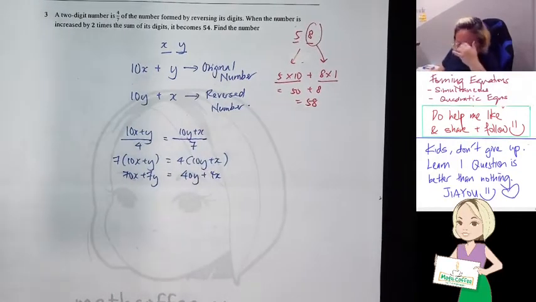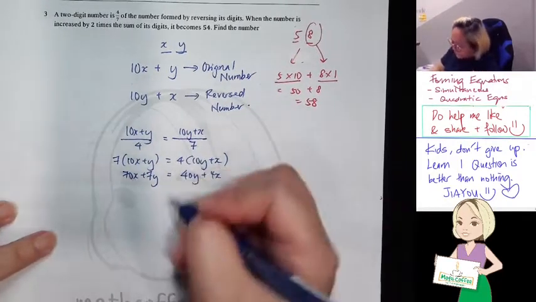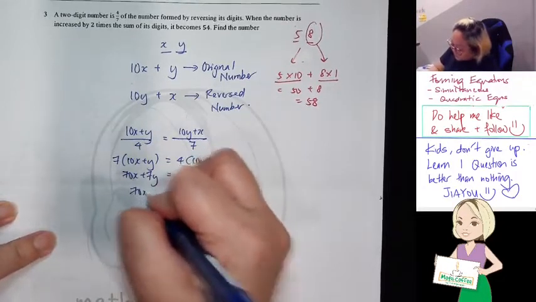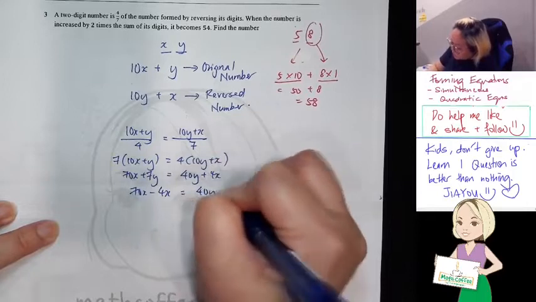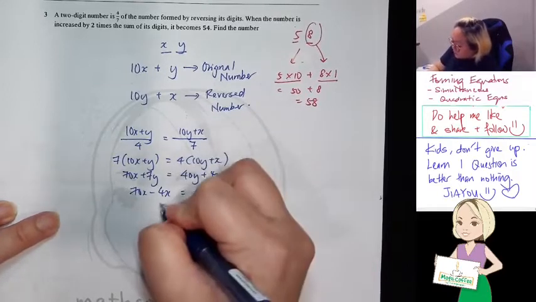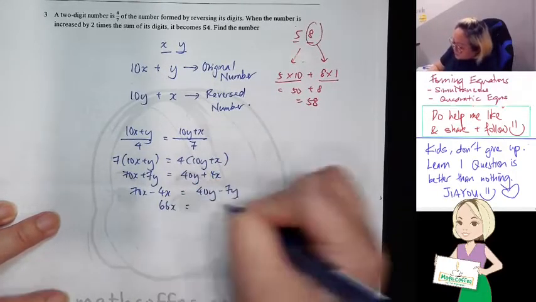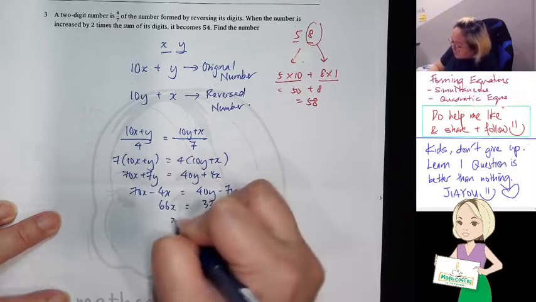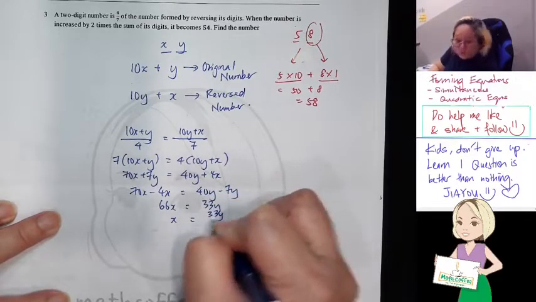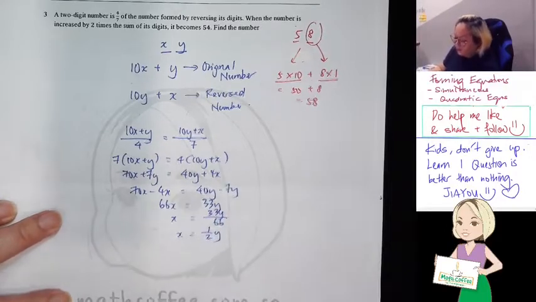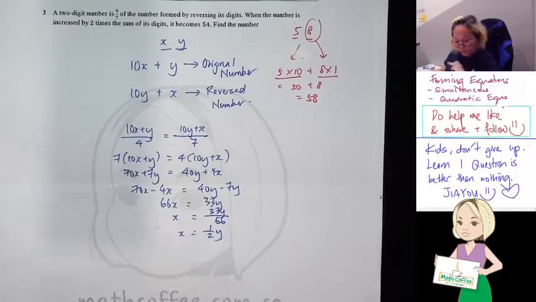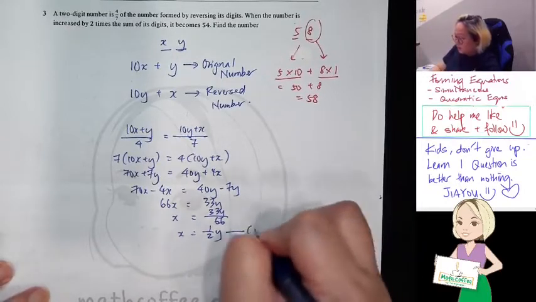I'm going to move everything to the left-hand side for x: 70x minus 4x equals 40y minus 7y. I get 66x equals 33y, so x equals 33y over 66, x equals half y. This becomes my equation 1.